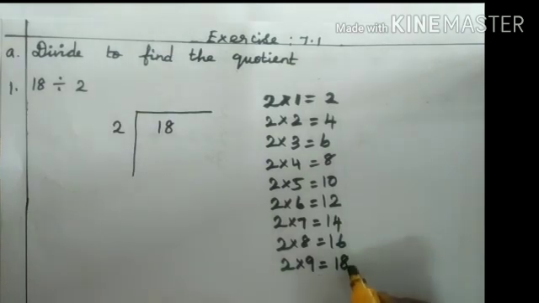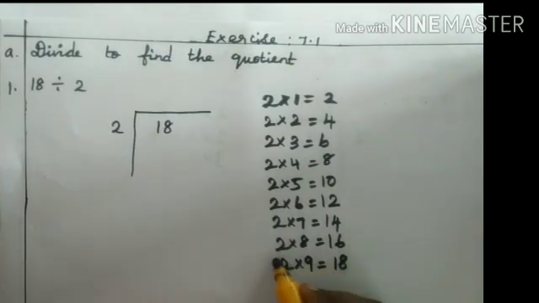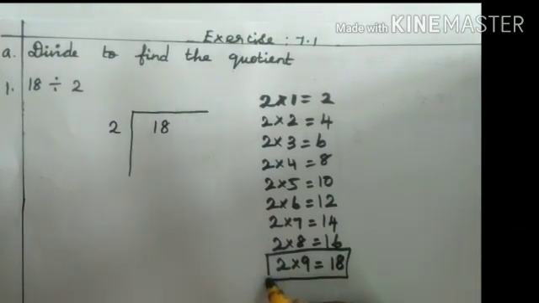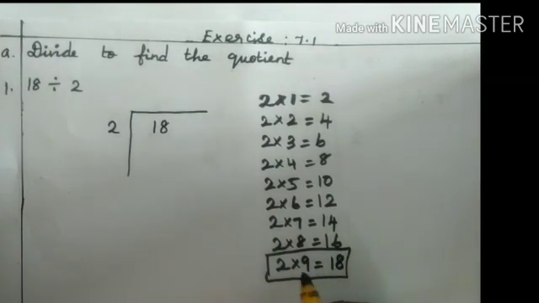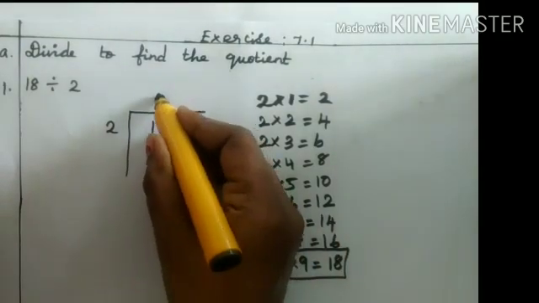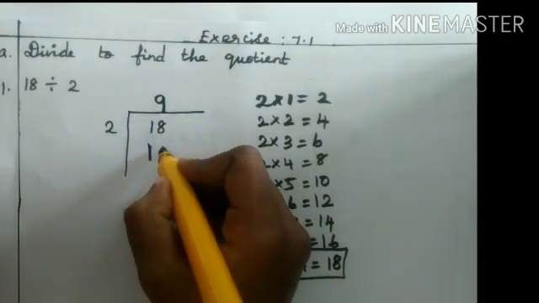Children, you have to stop here because you got the number 18 here. 2 nines are 18. How many times? 9 times.